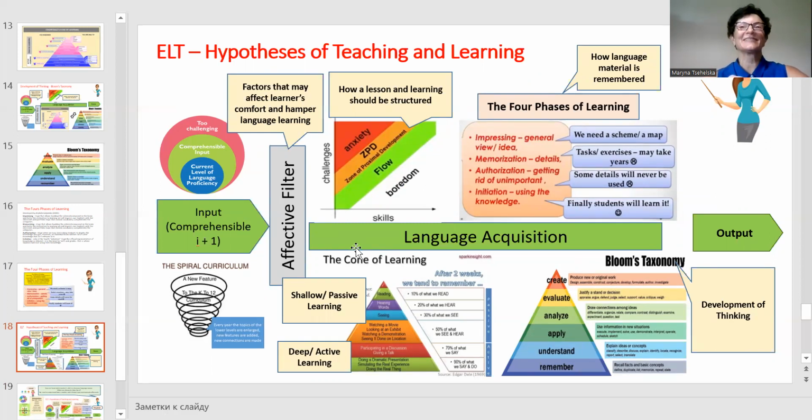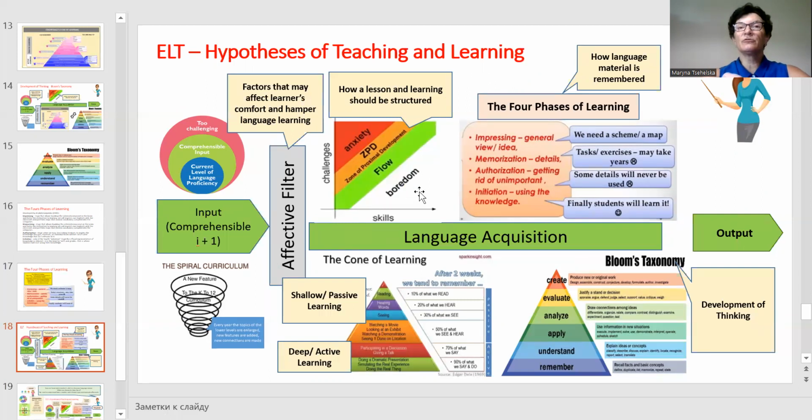Then you start your class, or you start your academic year, or you start learning a unit, and you always remember about the flow, the zone of proximal development. That is how you structure your lesson, and that is how you involve your students into the learning process.